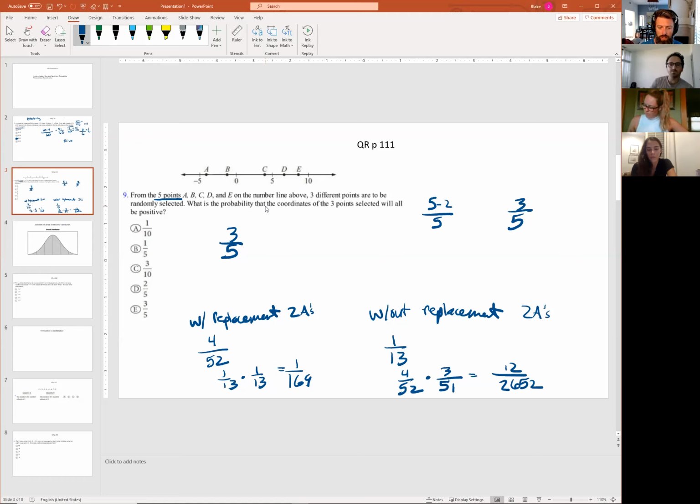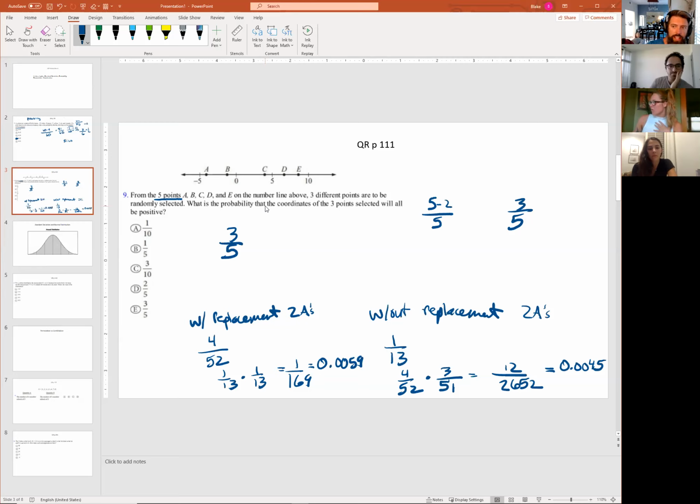The first one, with replacement. Why do you say that? Because there's one more ace, one more card.